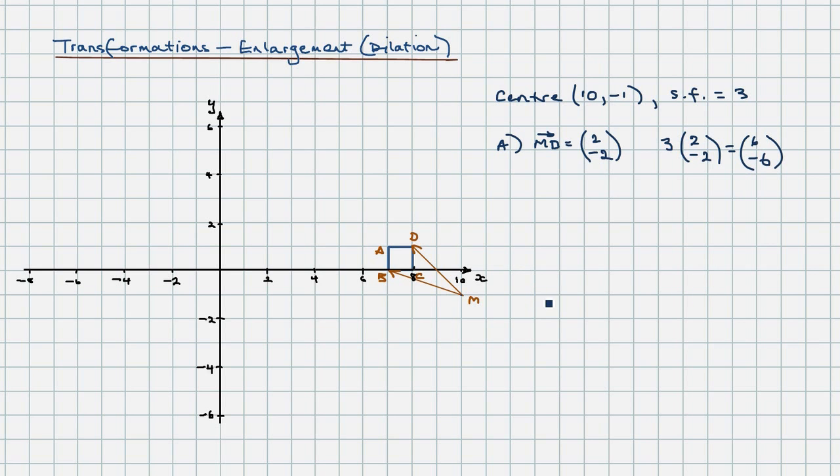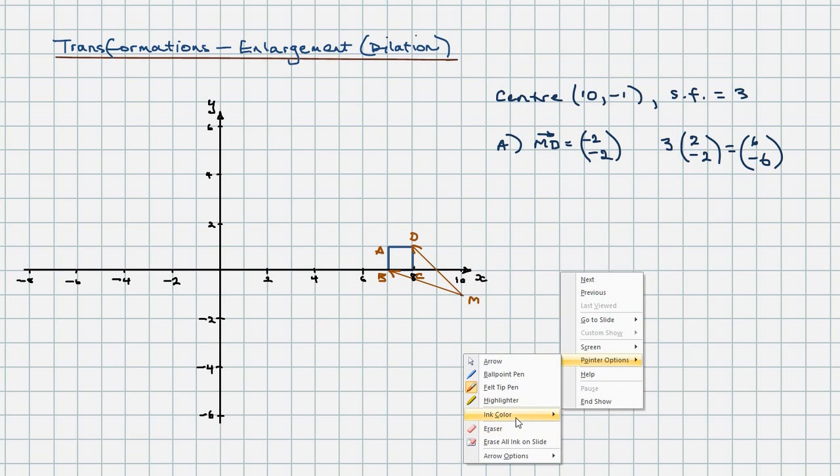Okay, so, starting from our centre of enlargement, we need to, what have I done wrong? We don't need to go to (6, -6), as that would take us along here. What we need to do is check where the mistake is. And that's getting this round the wrong way, so I've gone a little fast there. It was (-2, 2), so minus 2 in the x direction and positive 2 in the y direction.